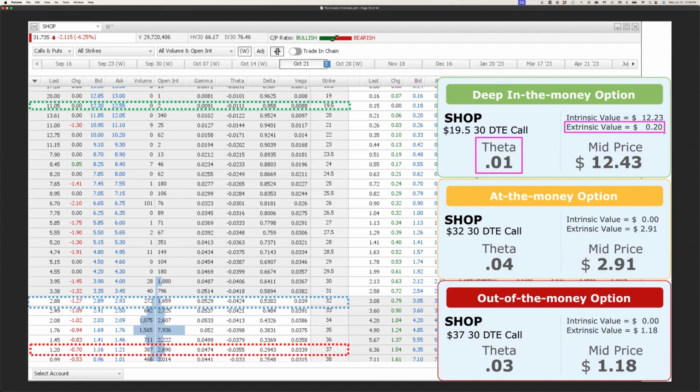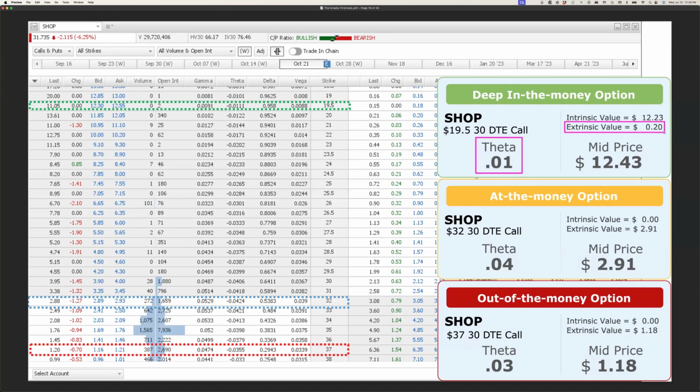So there's very little that can even decay away, which is why you have a theta of 0.01. For each day you hold on to it, you're losing 1 cent in value of that $12.43.